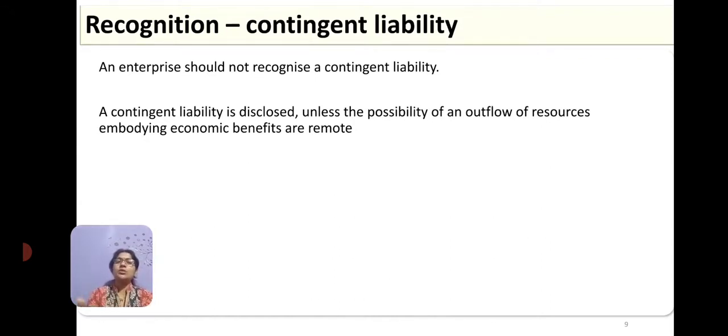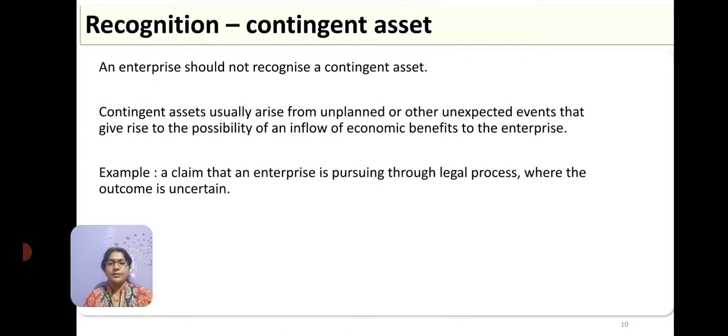So it's disclosed unless the possibility of an outflow of resources embodying economic benefits is remote. Like you're not sure, you're not certain, and maybe it happens at a very remote time, then it is called a contingent liability. But contingent liabilities are not recognized in the books. That means you don't show it as one of the items.